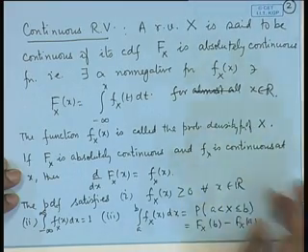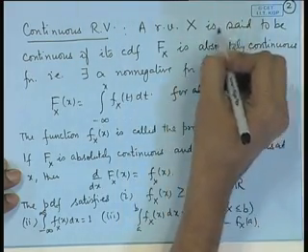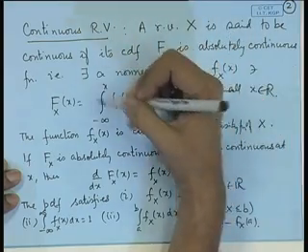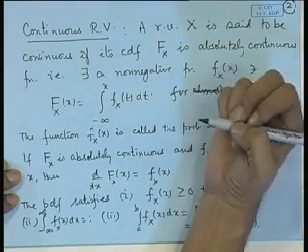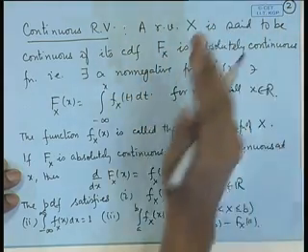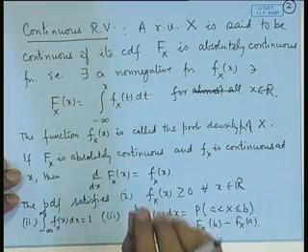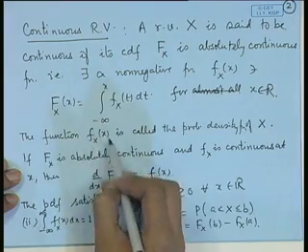Now, the continuous random variable is quite different from the discrete random variable. The first thing that we notice here is that in the discrete random variable we had a probability mass function, p(x_i), which denoted the probability that the random variable X takes the value x_i. Here at the point x we have a density function f(x).